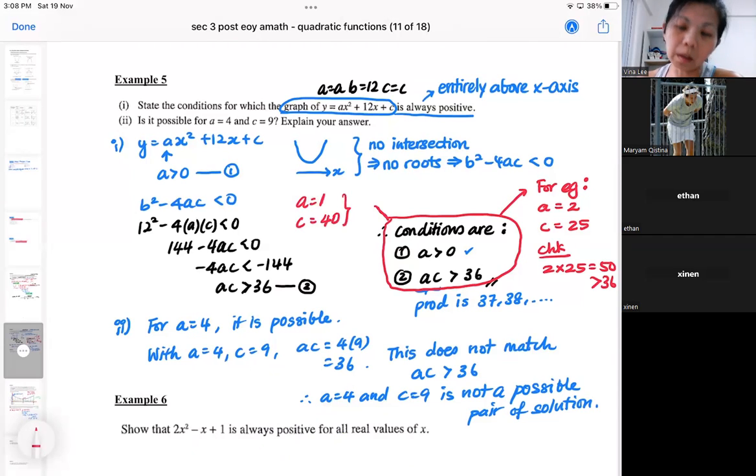And you make sure mentally you multiply, and 40 is more than 36. So whatever value you choose, you must match the condition. So they can ask you for a sample: give an example of A and C that satisfy the condition.